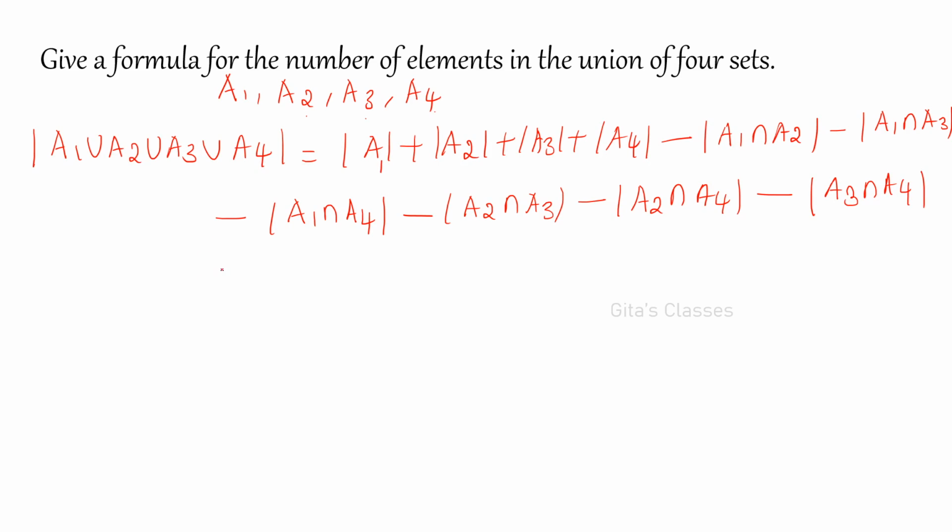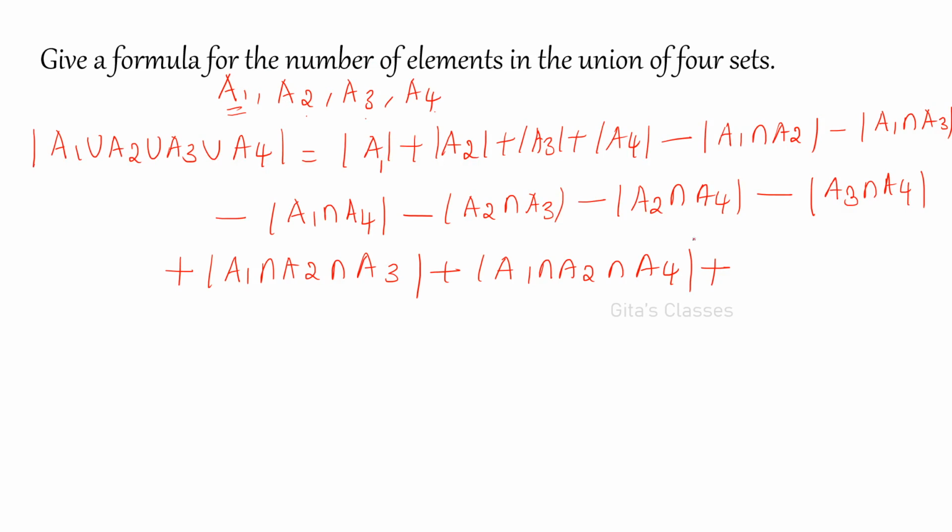Next you have to consider 3 at a time. So next is plus, since for 3 at a time it is plus. So plus cardinality of A1 intersection A2 intersection A3. Then from A3 you go to A4, so plus A1, A2 and A4. A1, A2, A3 we have completed, A1, A2, A4 you have completed.